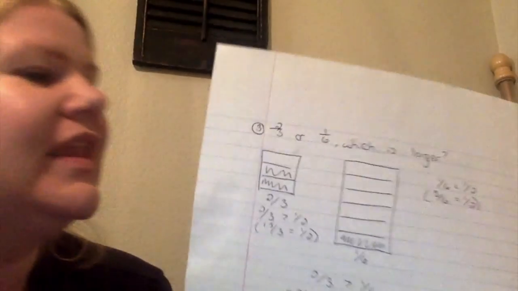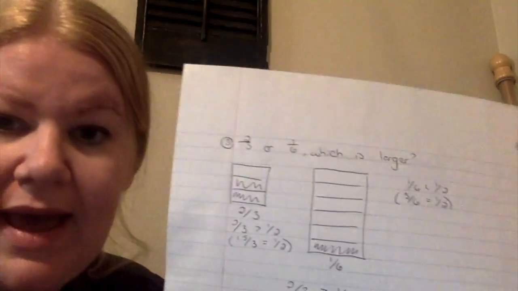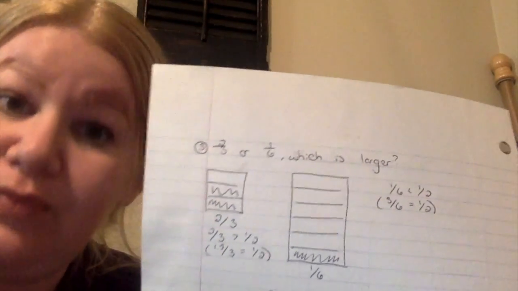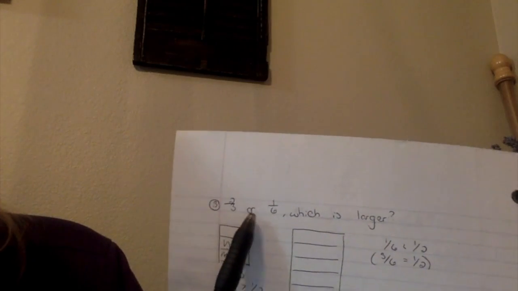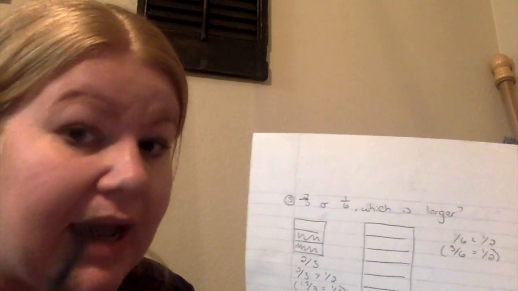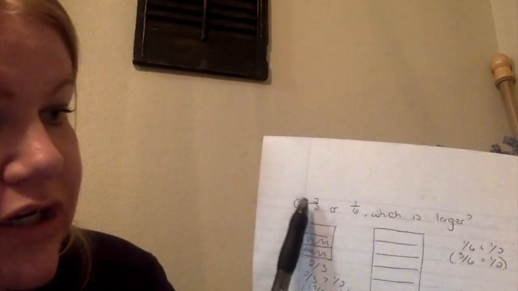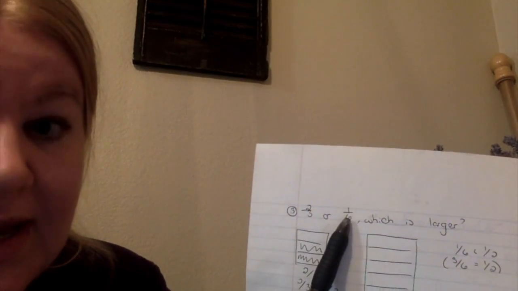Third way. So the third way, we are going to just look at the halfway point. We're going to give that another gander. So, which is larger, 2/3 or 1/6? Right here, right now, I could do an equivalent fraction, the same, because I notice a relationship between 3 and 6.